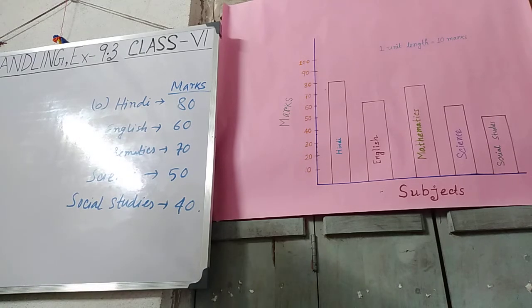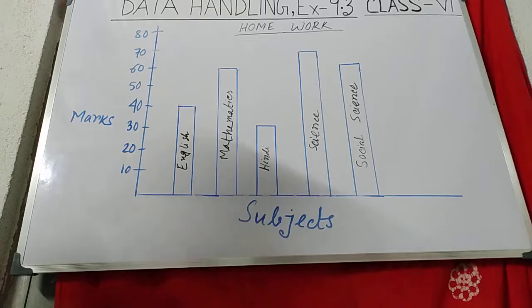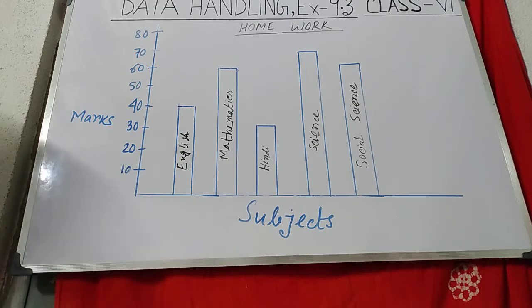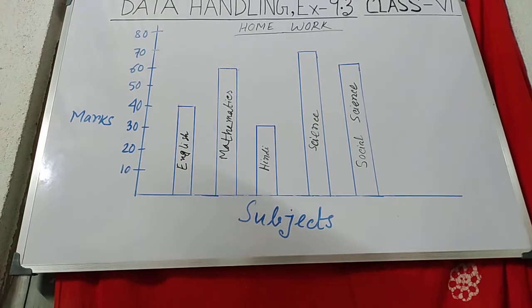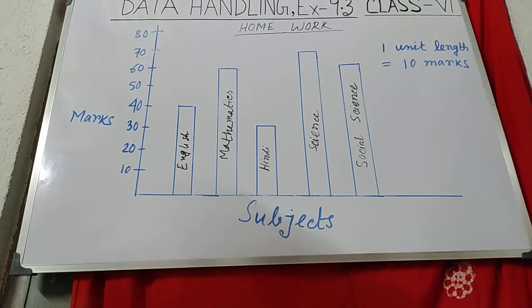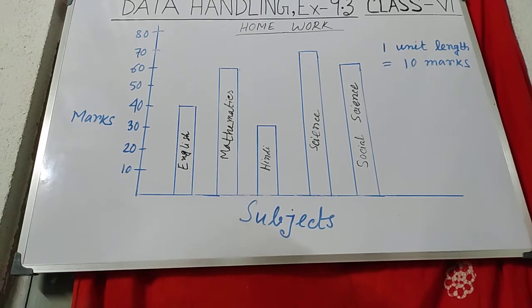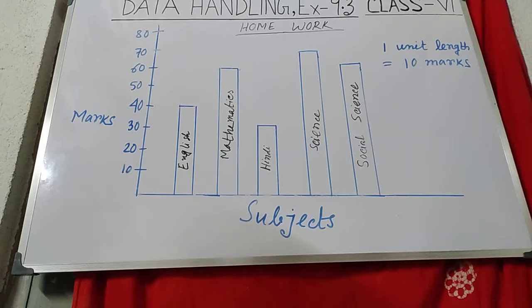Now I am giving some homework for you. Your first homework is observe this bar diagram which shows the marks obtained by Mohini in midterm examination in different subjects. And some questions are given.